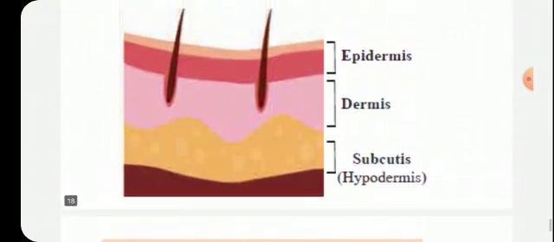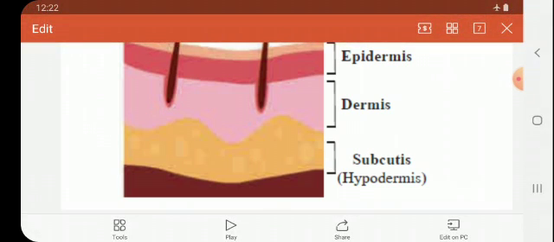Do you know what our normal body temperature is, children? It is 37 degrees Celsius, or 97.8 degrees Fahrenheit. That is our normal body temperature.